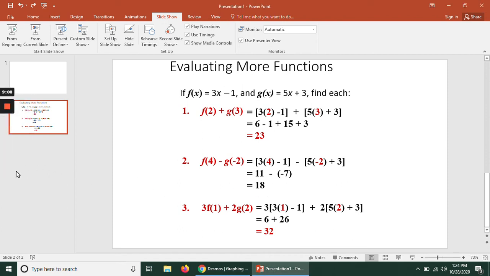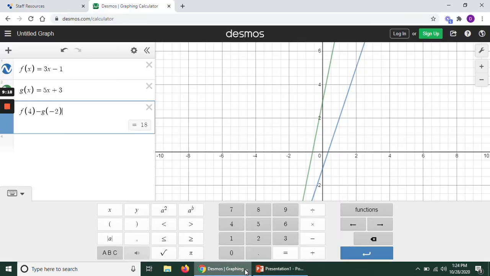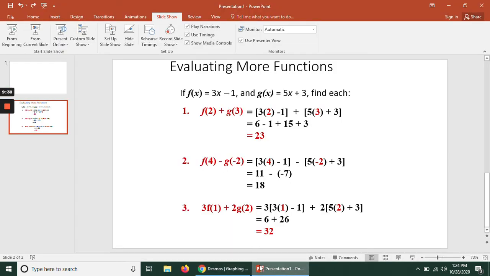And for the final one, I'm going to type 3 times f of 1 plus 2 times g of 2. So I'm going to clear this area here. I don't need to clear these two spaces because for number 3, we still need f and g.